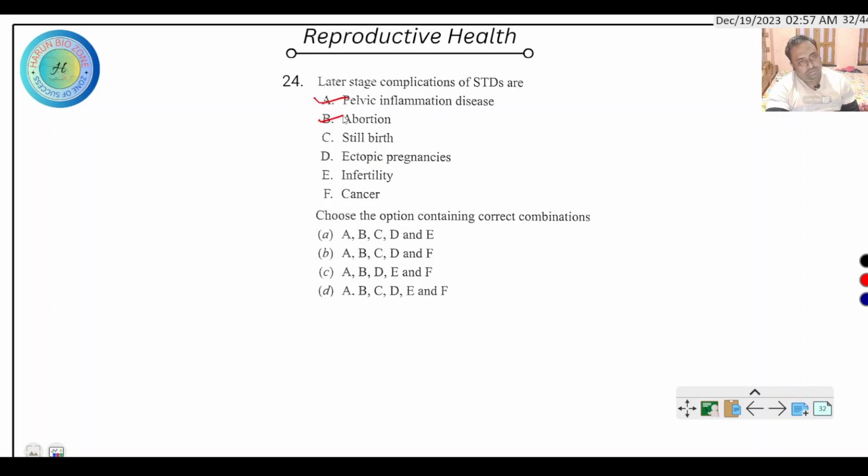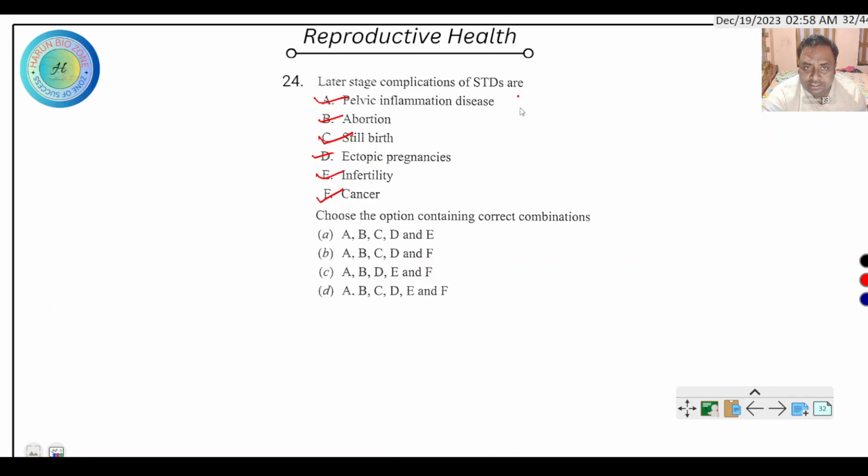Abortion. It is possible that abortion will occur, or stillbirth also. Ectopic pregnancy. Pregnancy occurring other than in the uterus, or in the fallopian tube region, is called ectopic pregnancy. Infertility is right. Infertility means no sperm or no egg is produced, or no functional sperm or no functional egg is produced. Sometimes cancer also occurs.